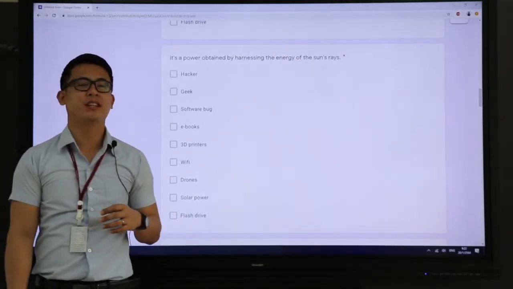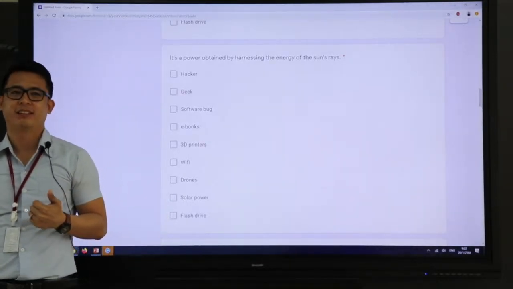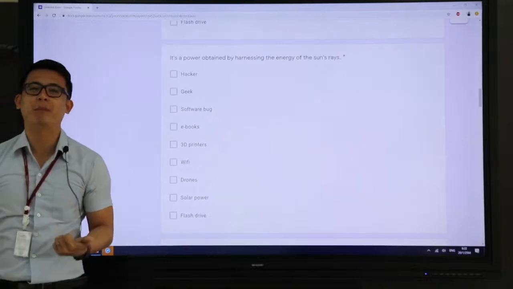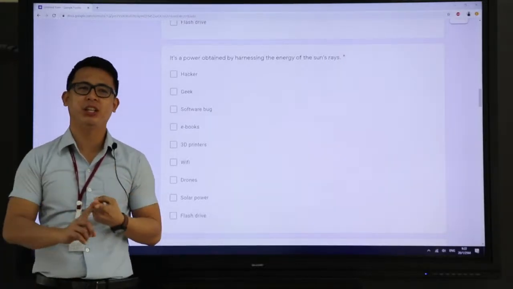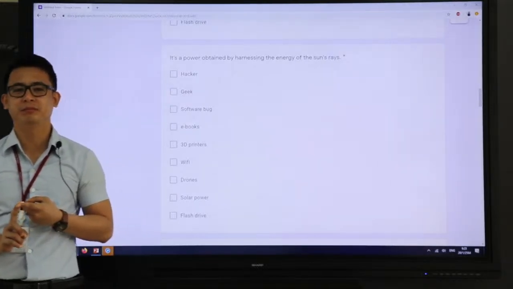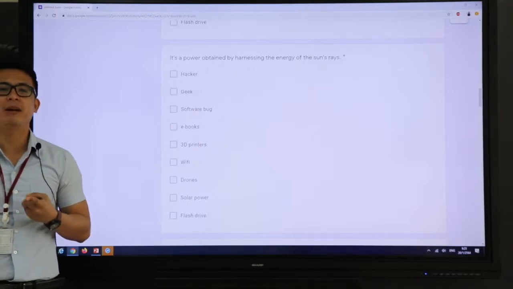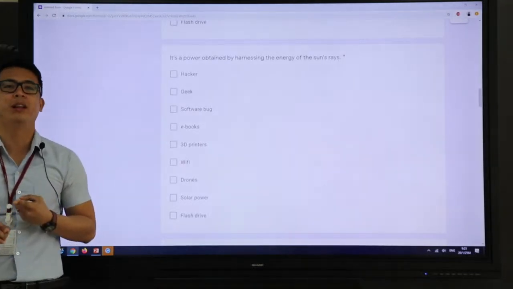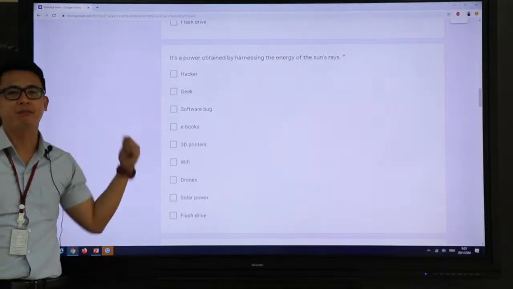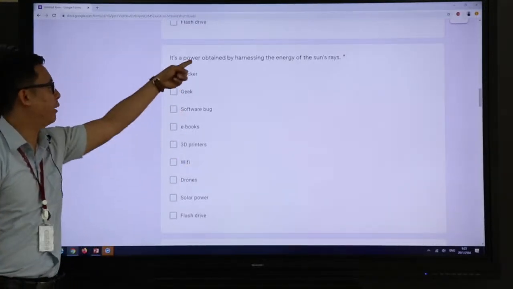It is also what we call a renewable energy. If we talk about power plants, is that a renewable energy? No. When we talk about electric, are we talking about renewable energy? So what kind of power is this?